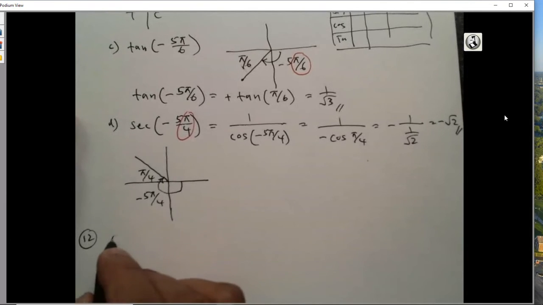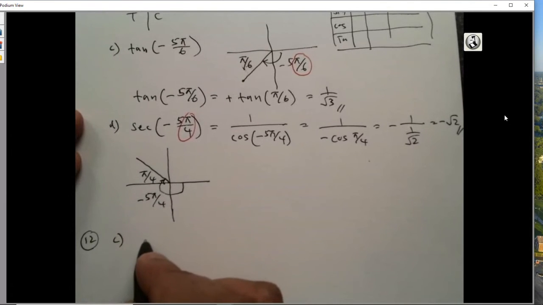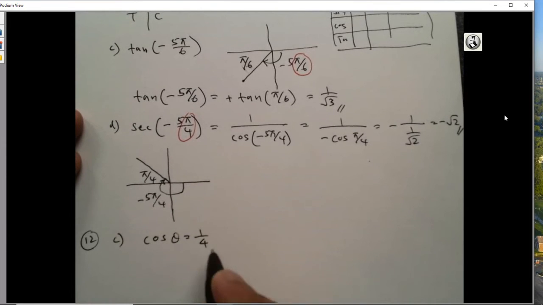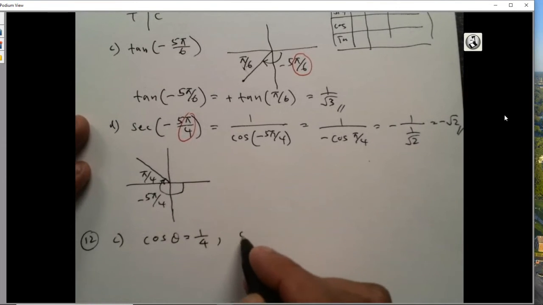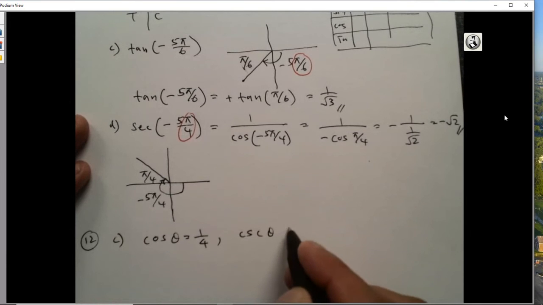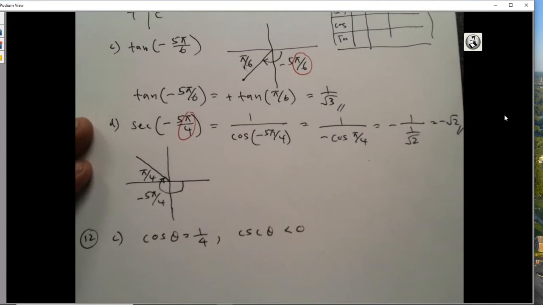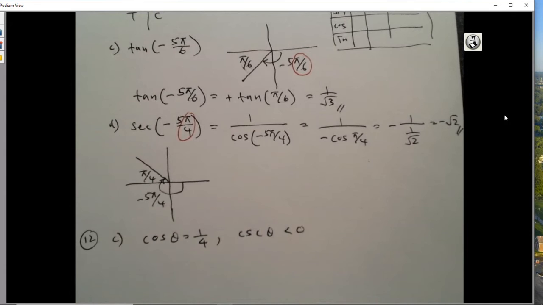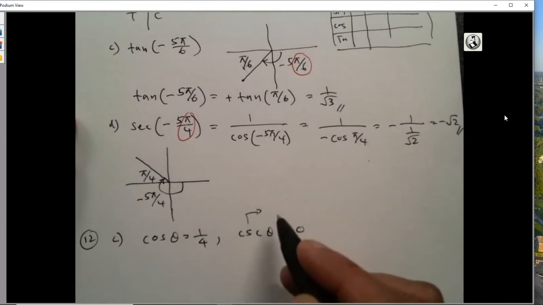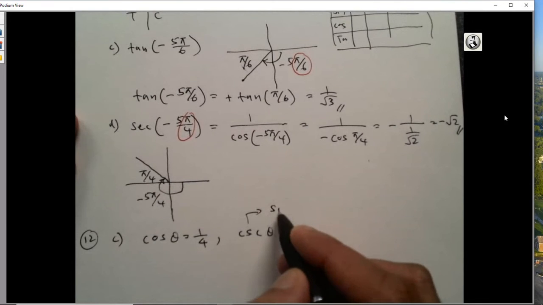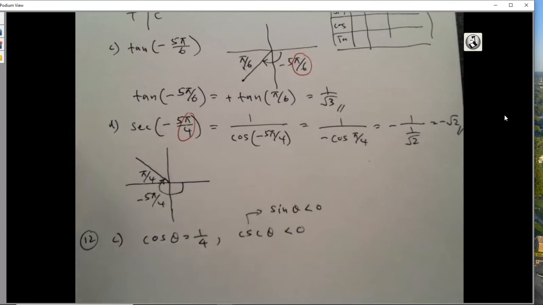So let's do C. C is telling us that cosine theta equals 1/4, that is given, and the cosecant theta is negative, that is given. If you know that the cosecant theta is negative, what do we know? We know its reciprocal, sine, is also negative.